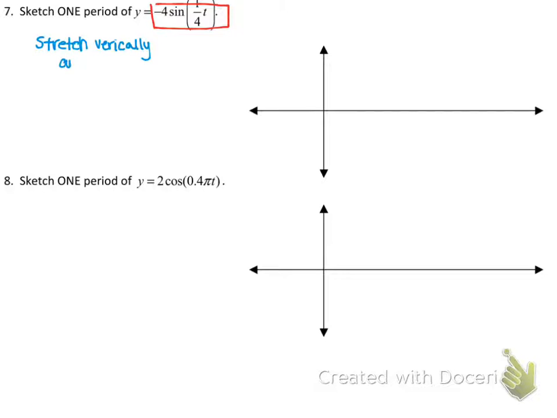And my amplitude, therefore, equals 4. It has been stretched horizontally. Remember, if we have a number less than 1 inside with the t value, it's a stretch for horizontal.